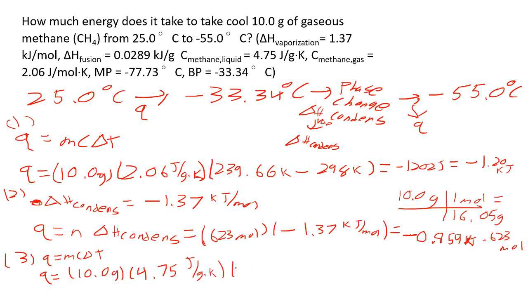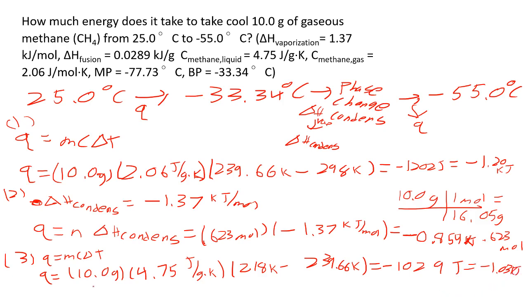We've got to figure out delta T, which, when you convert it to Kelvin, is 218 Kelvin minus 239.66 Kelvin. We can then plug all of this into our calculator, and we are going to get negative 1,029 joules. I'm just going to go ahead and round this to negative 1.03 kilojoules.